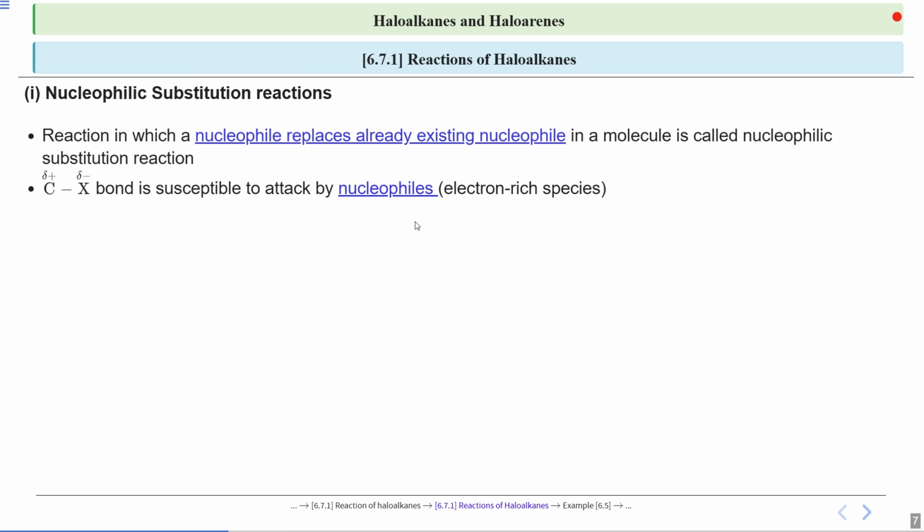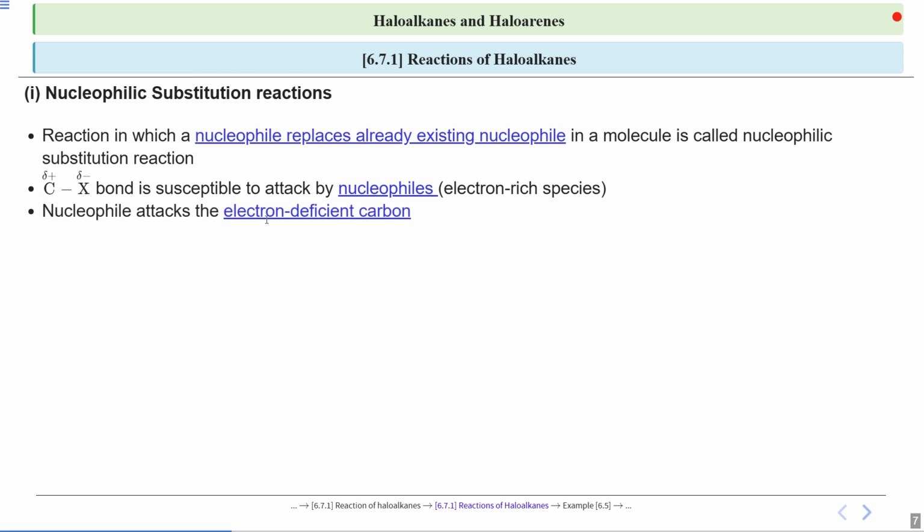Okay, so where does the nucleophile attack in the haloalkanes? The carbon halogen bond, because the halogen here having partial negative charge is going to be replaced by the nucleophile, that means electron rich species, because X, that is the halide ion, is also a nucleophile.